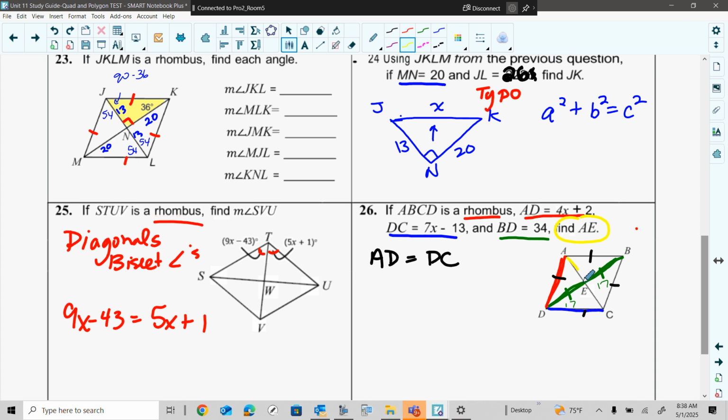Well, in order to find this, I have to use the right triangle. So you're going to need to find x, plug it in, and then use your right triangle. You're going to have to use a squared plus b squared equals c squared. C is what we're trying to find. It comes out to be a whole number. Okay.